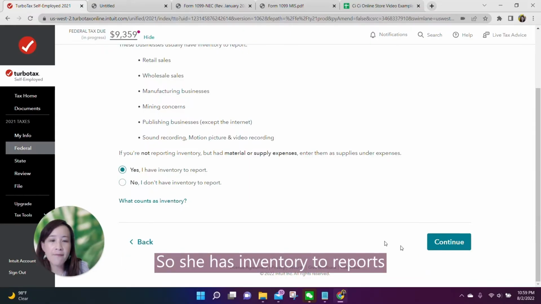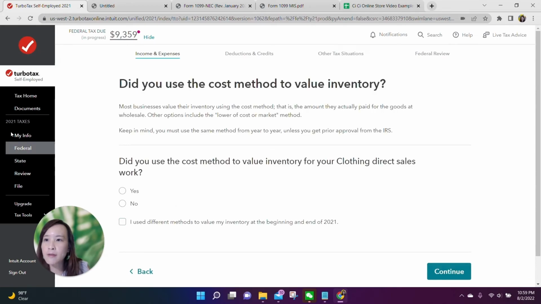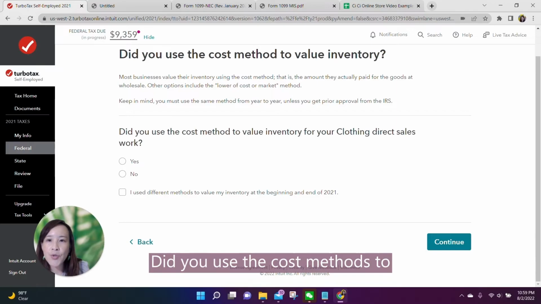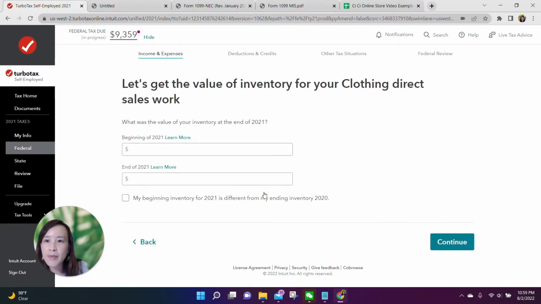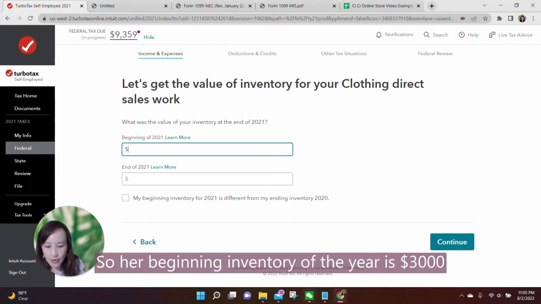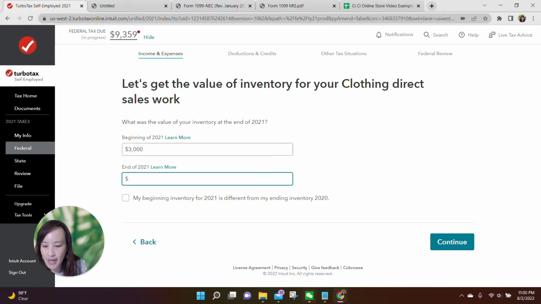So she has inventory to report. Did you use the cost method to value inventory for your clothing? Yes. So her beginning inventory of the year is $3,000. And then the ending inventory is $2,000.